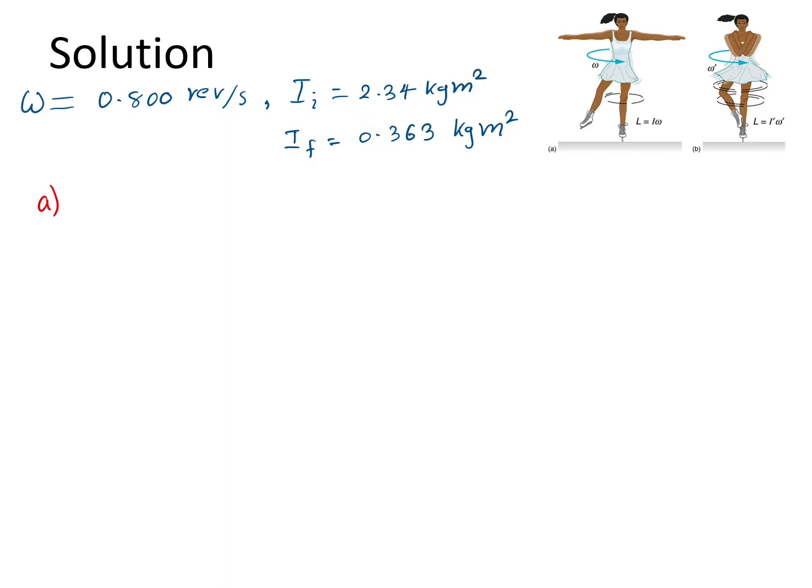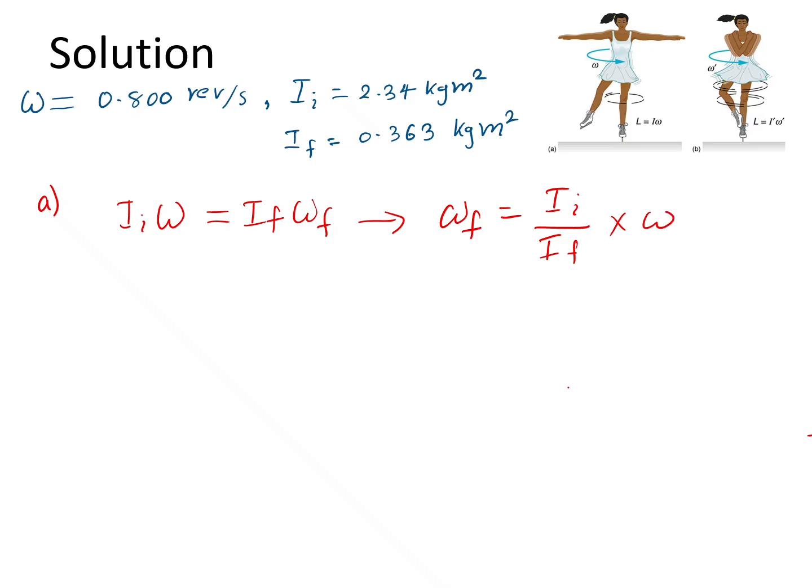For part A, we use conservation of angular momentum to find the final spin rate. So the initial angular momentum, I initial times omega initial, equals I final times omega final. And we can rearrange this to find omega final. So omega final equals I initial divided by I final times initial angular velocity, and we can substitute the values.